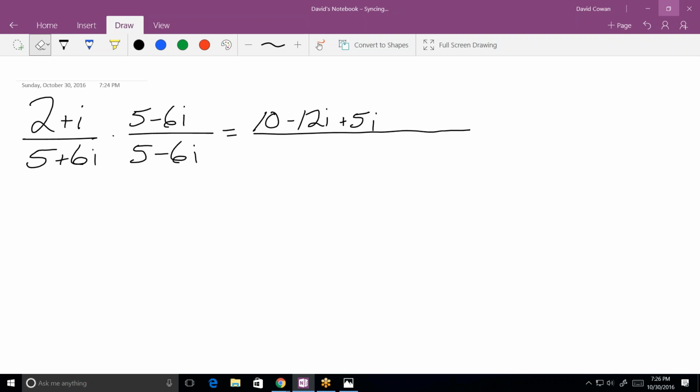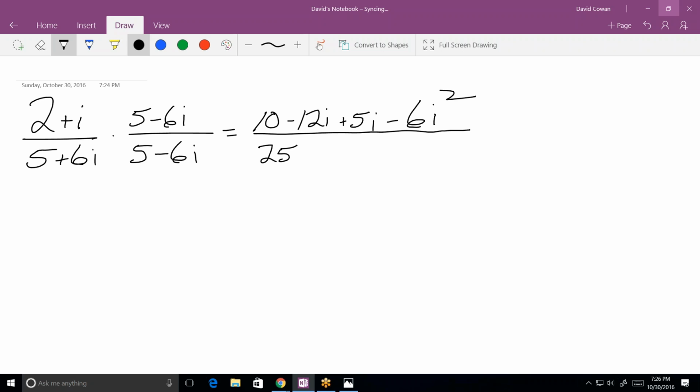Okay, what's the fourth term? Negative 6i squared. And the bottom, let's just do it before, and then we'll go back and simplify both. So 25 minus 30i. Now let me give you a hint.